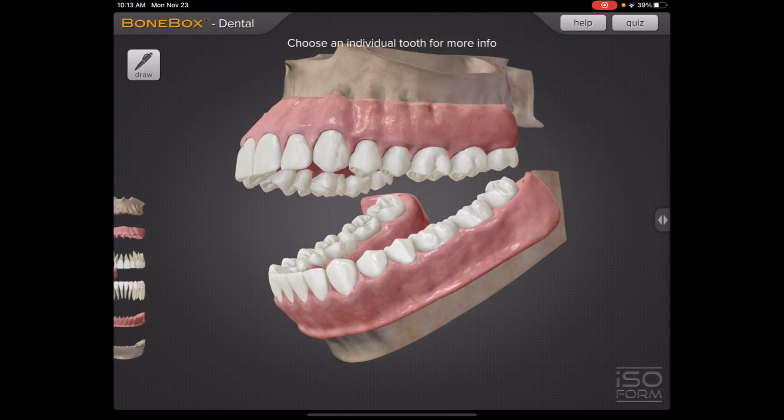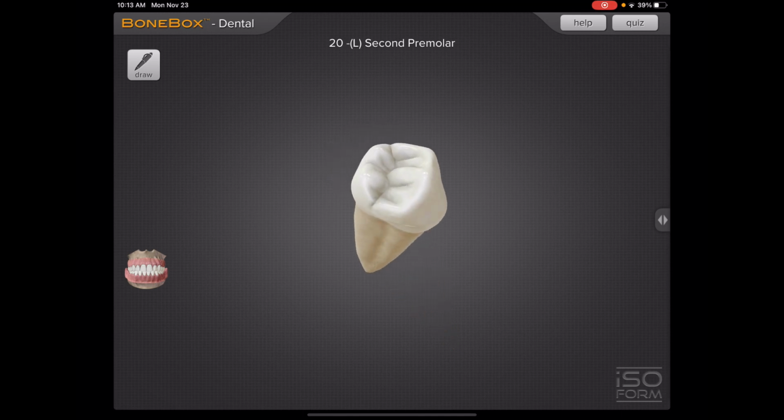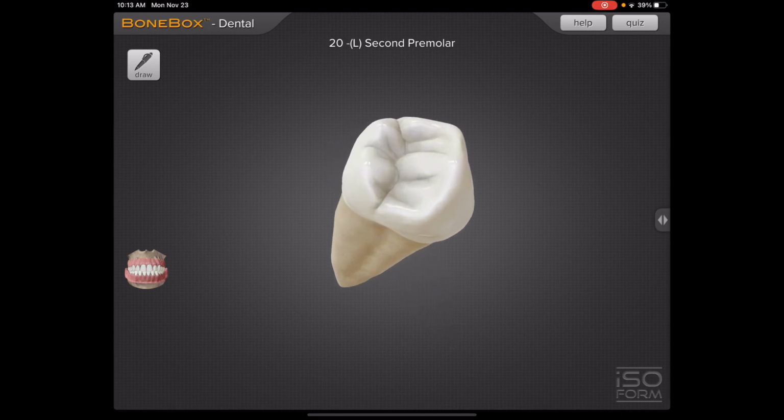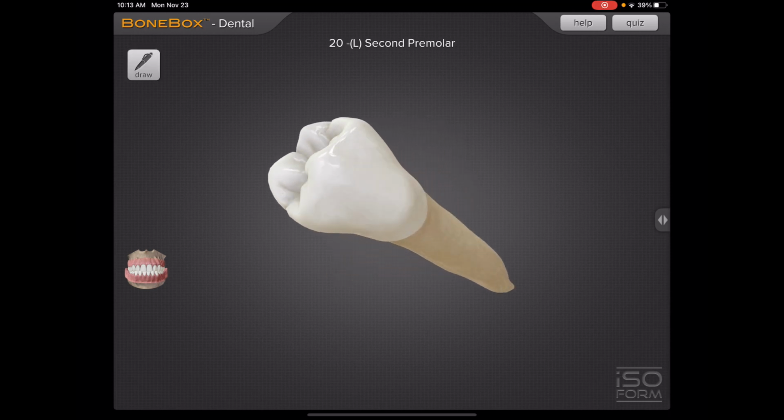For your second premolar naman, there is a variety. You have your 2 cusp variety, which is same as your first premolar, but we have here a 3 cusp variety, which has 3 lobes that can be found here. You have 1, 2, 3.